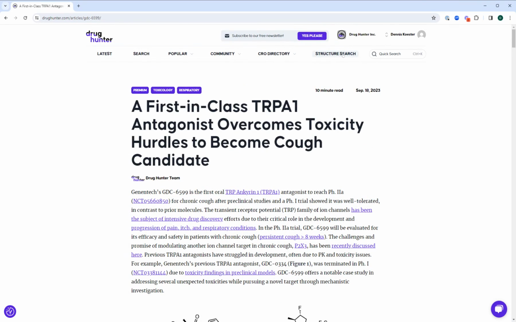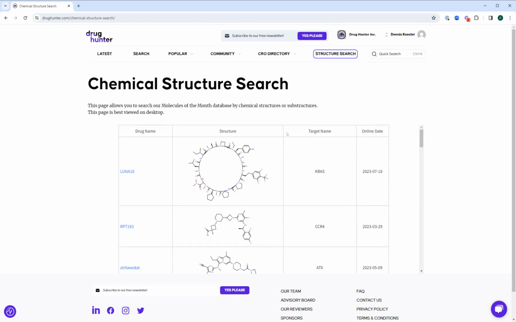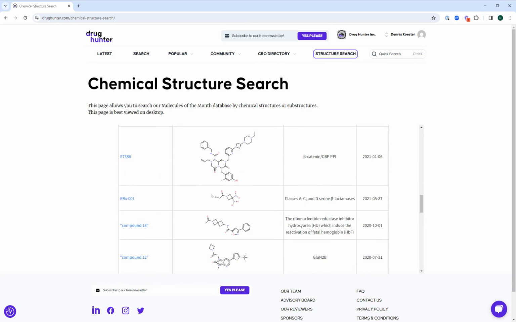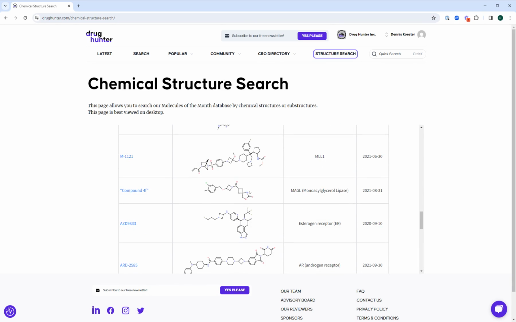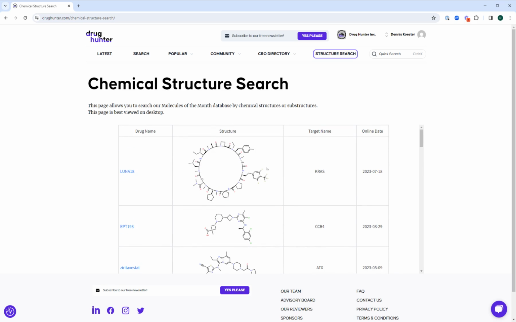One more thing that I'll show you: if you're heading to a design meeting and you want to do a quick sanity check on how many people put an azetidine in their molecule lately, you type this in there and you get a quick overview of 40, 50 compounds. So you see you're not crazy by proposing that.